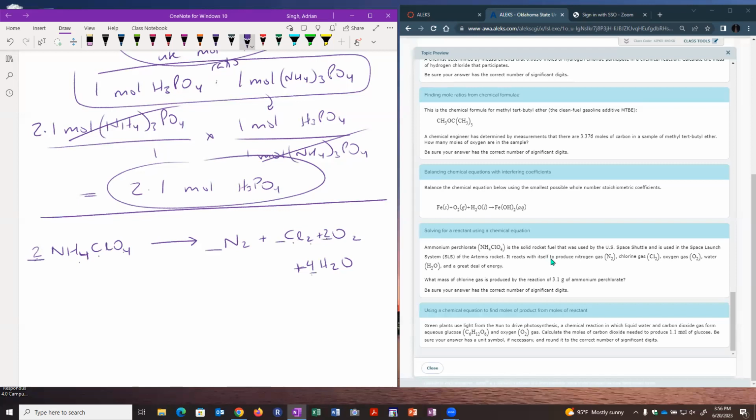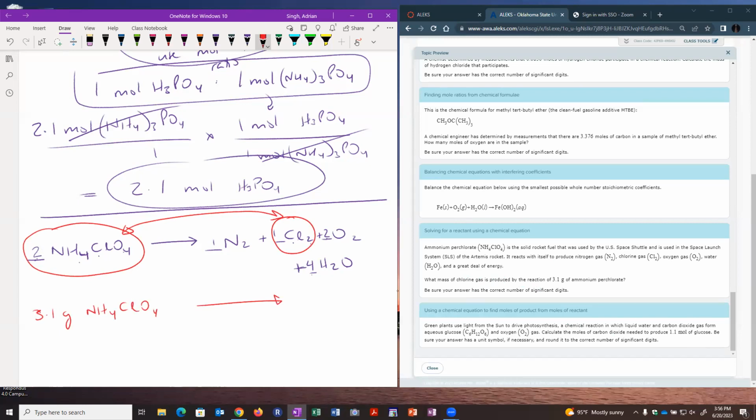Then we can go ahead and do any sort of stoichiometric calculation. So it says what mass of chlorine gas is produced. So chlorine is this thing. That's what we want to relate by the reaction of 3.1 grams of ammonium perchlorate. So these are the 2 things we're trying to relate. We're told that we're starting with 3.1 grams of NH4ClO4.